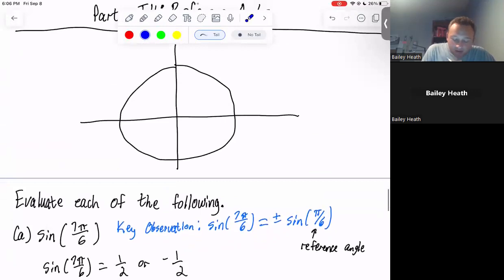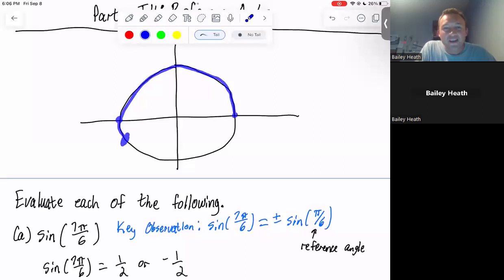Let's see, where does 7 pi over 6 fall? Well, 6 pi over 6 is just pi, so that takes us right over here. That's halfway around. So for 7 pi over 6, we're going to go just a little bit further.